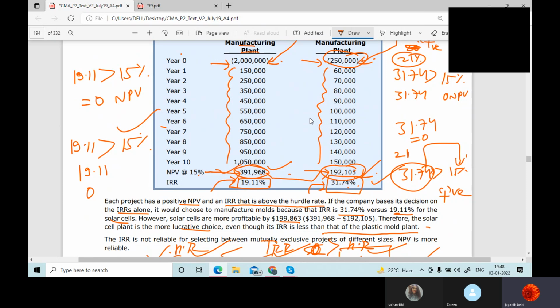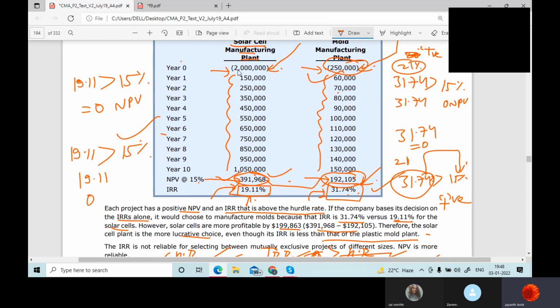When I have to take one out of two, the solar manufacturing plant gives me less IRR and a higher NPV, which shows a bigger cash saving, because NPV gives a very clear picture that your cash inflows are much higher when compared to this.